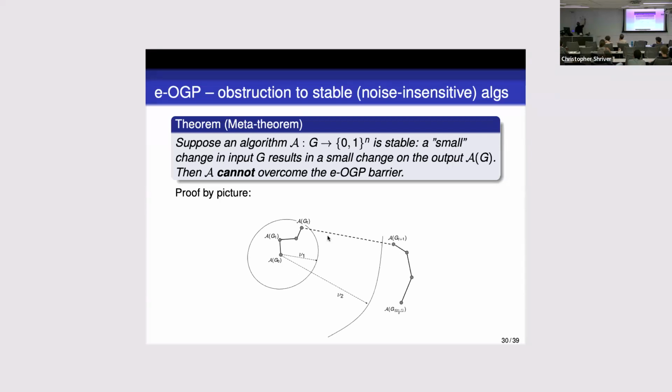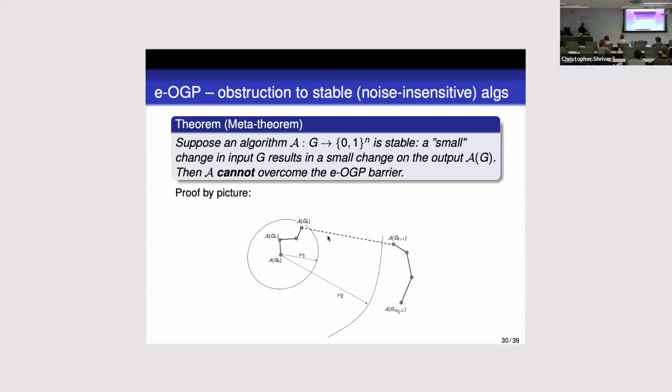If my algorithm is stable, that means I1 symmetric difference with I0 is small. I'm not going to say exactly how small, but it should be small. So there's a little jump here. This is I0, this is I1, so it's small. And then I keep doing this. G2, so I move like this, like this, like this, and so on.